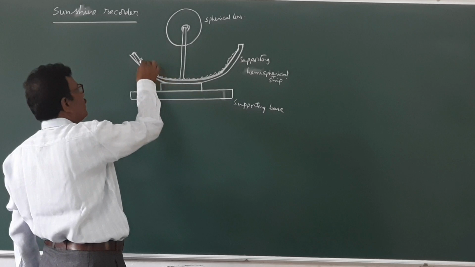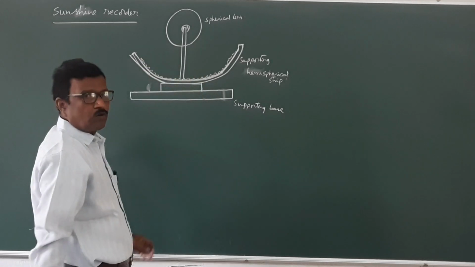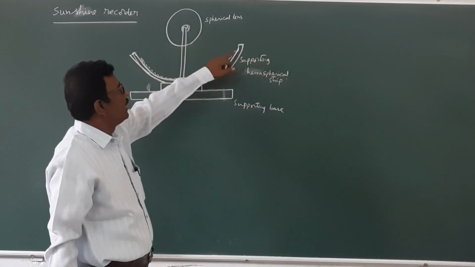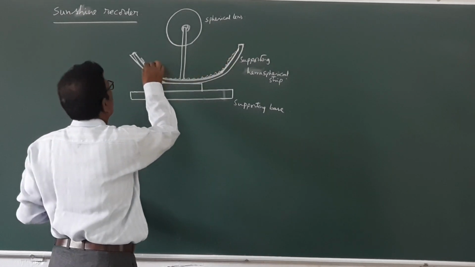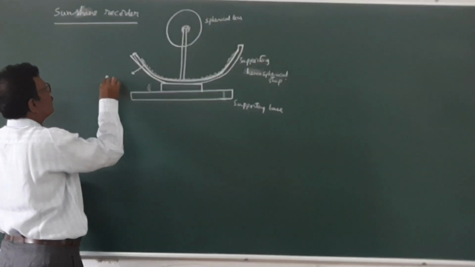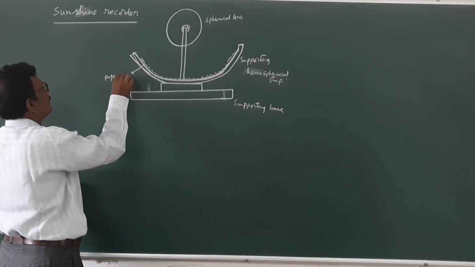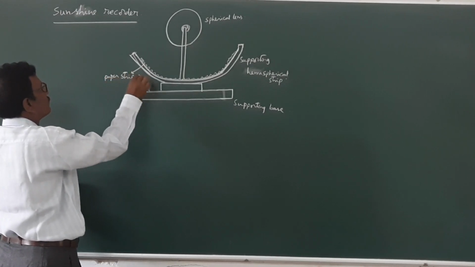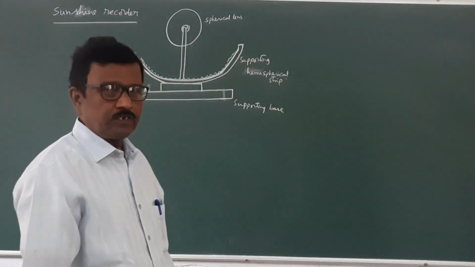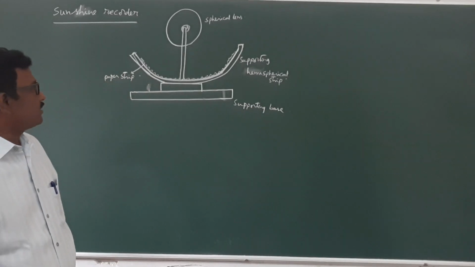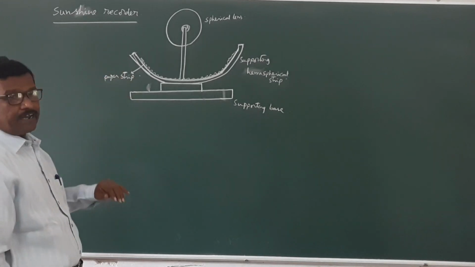Inside the curved surface, there will be a small groove. Over that groove, a paper strip has to be fixed. So, this is the construction of the sunshine recorder.